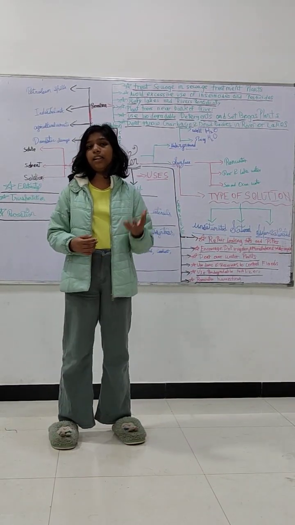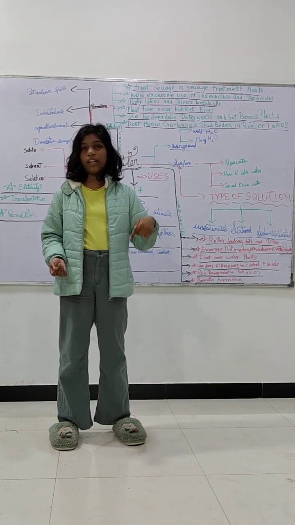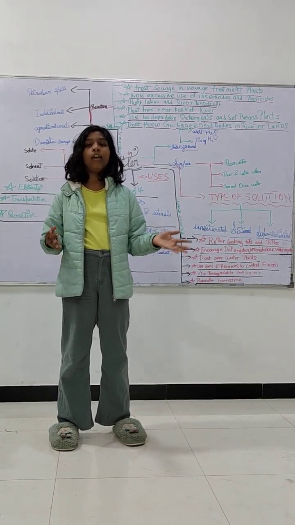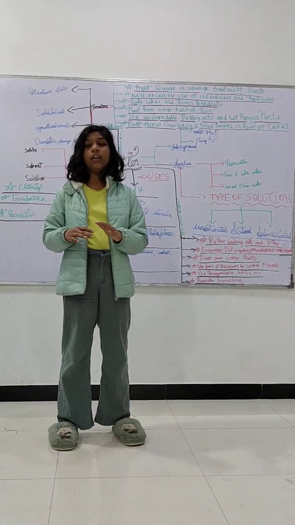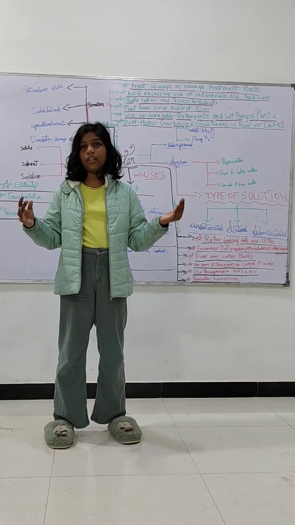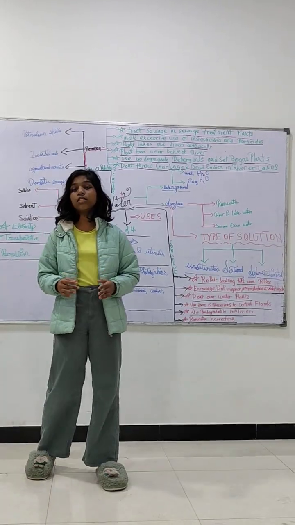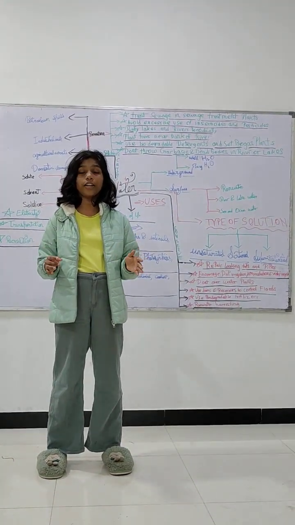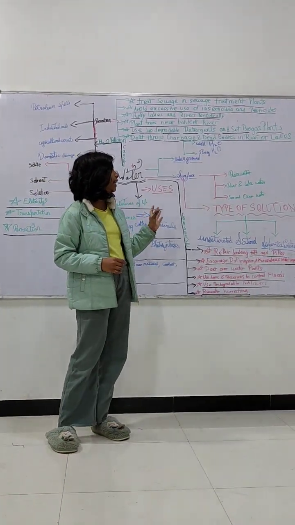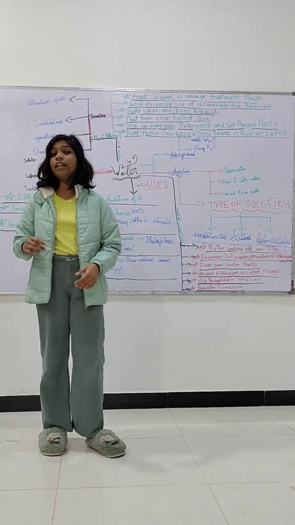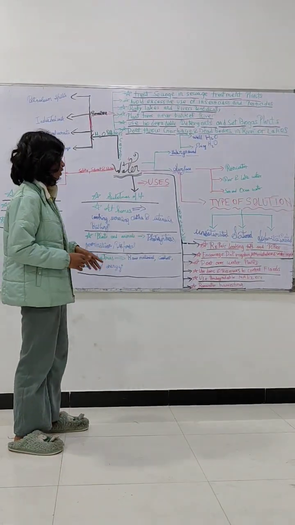When the rainwater percolates into the soil and goes through several layers, it reaches a layer where the rocks do not allow the rainwater to pass through them. So the water that gets collected above the rocks is called underground water.